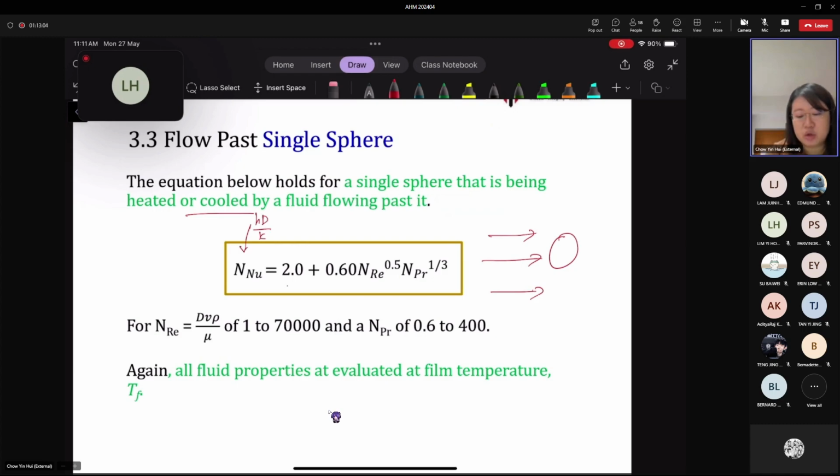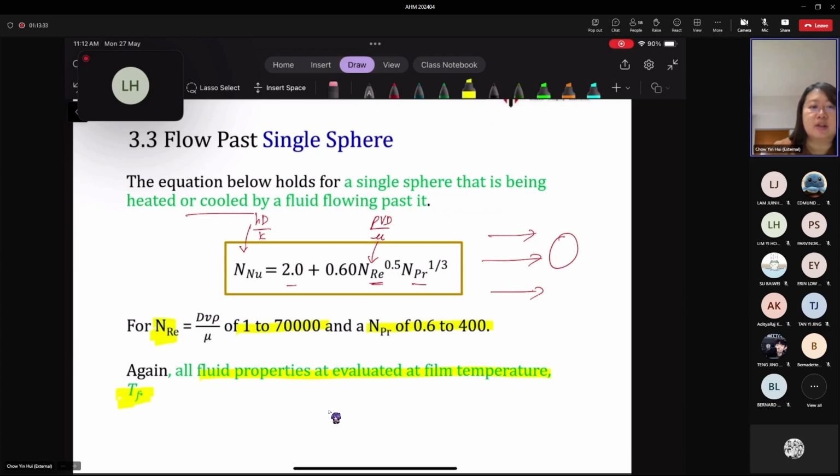It equals 2 plus the Reynolds number, rho V d per mu, multiplied by the Prandtl number. This correlation holds for the case where the Reynolds number ranges from 1 to 70,000 and the Prandtl number from 0.6 to 400. And again, all your fluid properties should be evaluated at the film temperature.